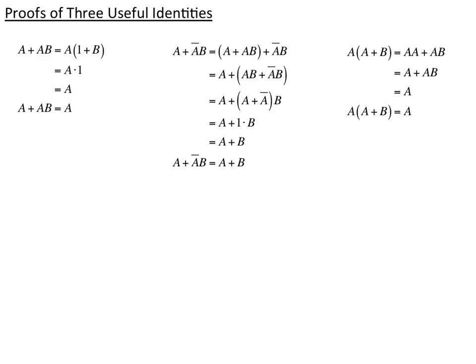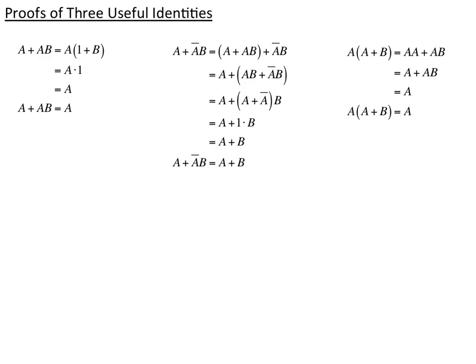Now I just use associative to recombine. Now I have A or A and B or not A and B. Now I factor out the B, in fact, to that side. And now I have A or not A, which I know is 1. So I replace it with a 1, and so I have A or B, proving the identity.